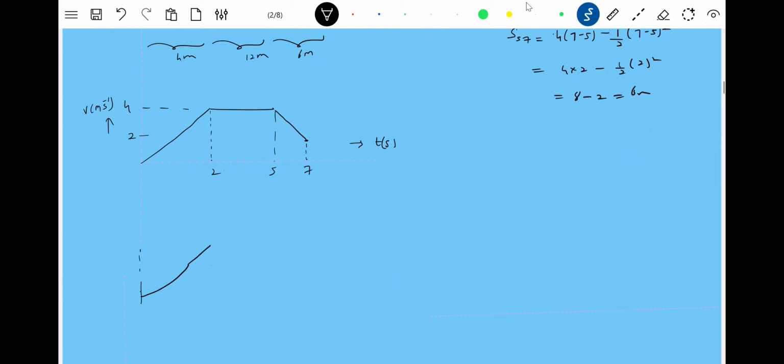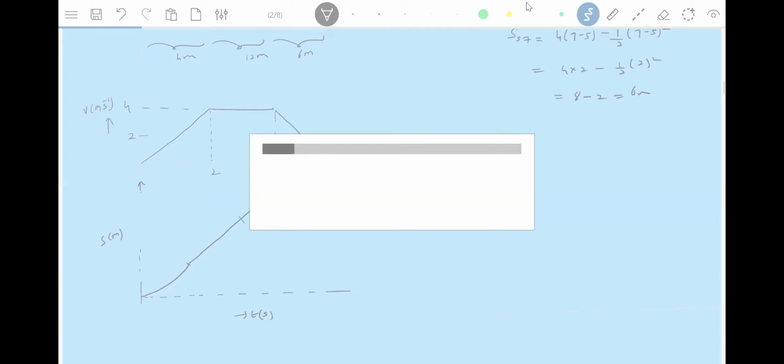First accelerated motion, uniform velocity. Okay, this will be the position versus time graph.